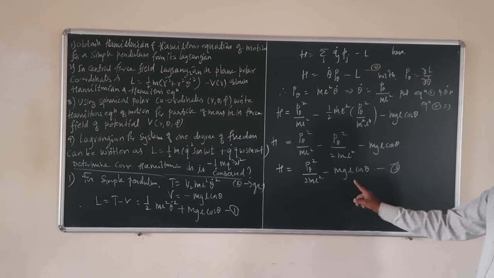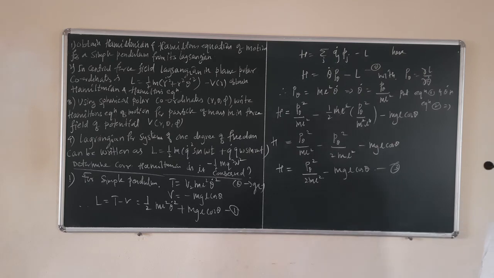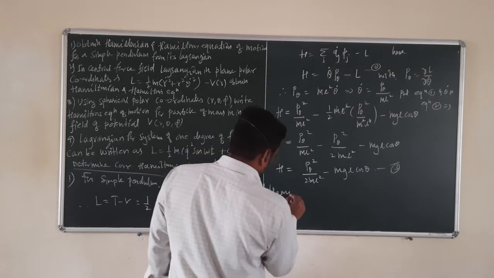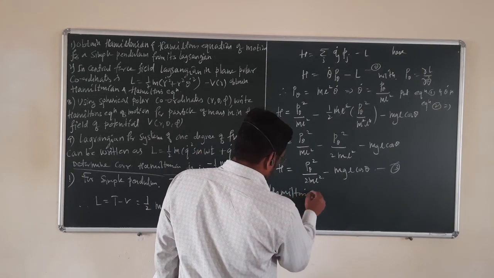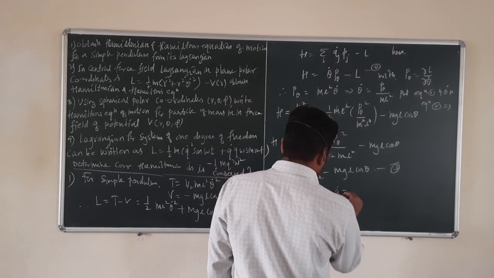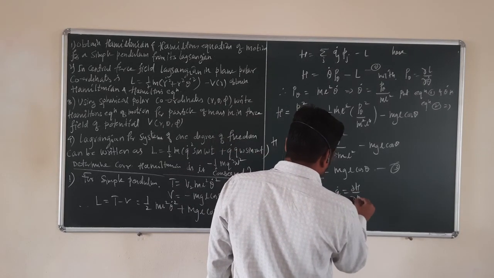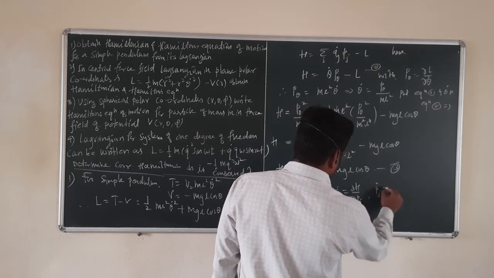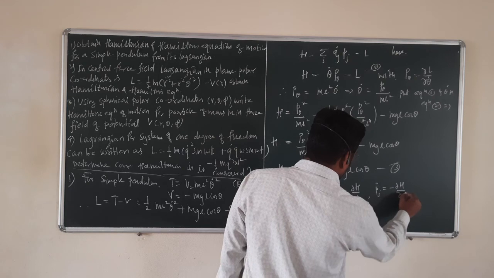Okay. Now we can obtain Hamilton's equations. We know that Hamilton's equations are q̇j equals ∂H/∂pj, and ṗj equals minus ∂H/∂qj.